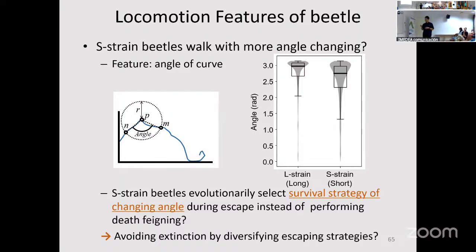From these results, our research collaborator considered that S strain beetles, which do not perform this feigning, evolutionarily selected a survival strategy of changing angle during escape. Instead, when it encounters the spider, it changes the angle to escape from the spider.